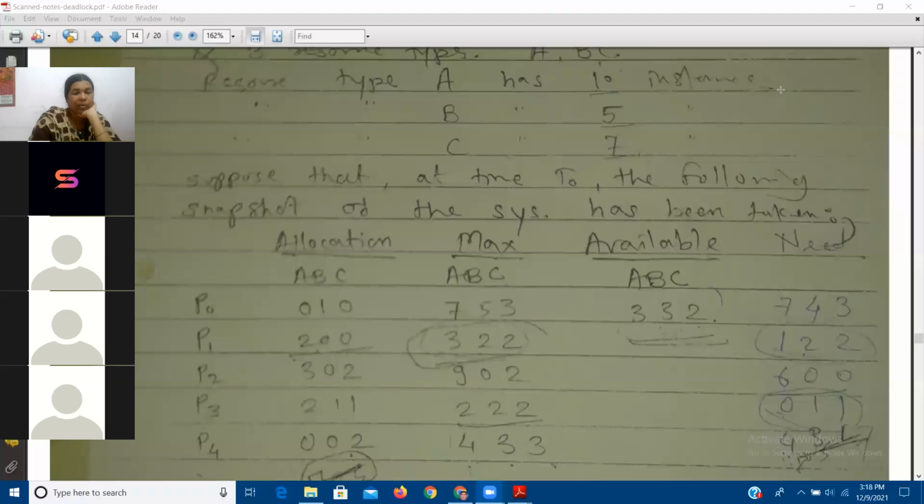Yes, students, are you calculating? If you are not getting, you can ask me, I will repeat. If you understood, you can go ahead, calculate another safe sequence.